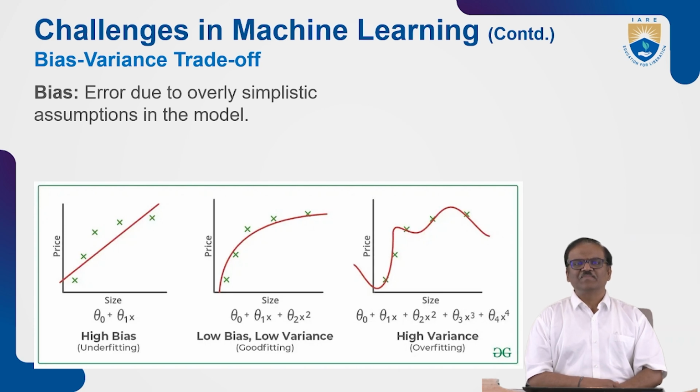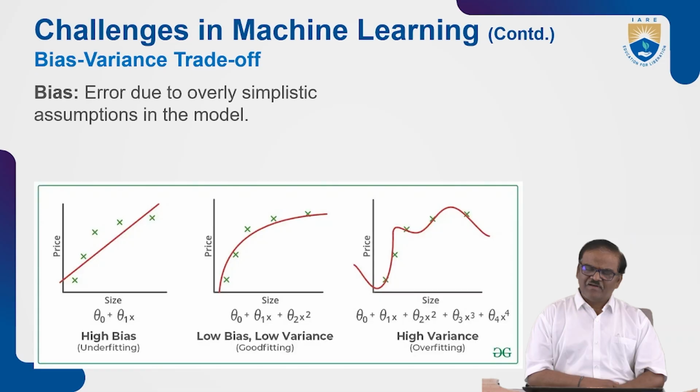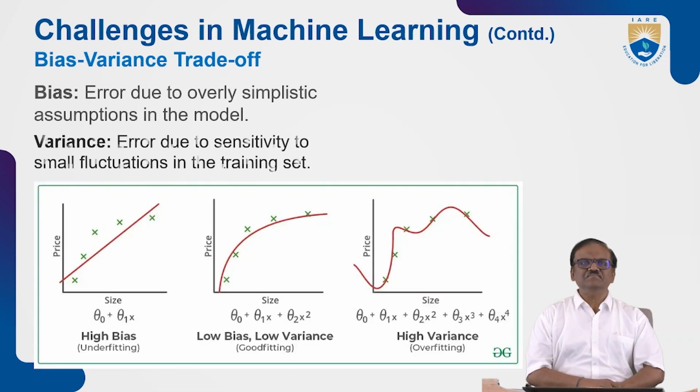Here theta naught plus theta 1x plus theta 2 x square, and here high variance, that is overfitting, is trending up to the variable x tends to n. Variance. Error due to sensitivity to small fluctuations in the training set.